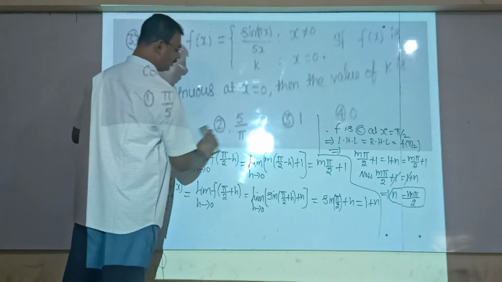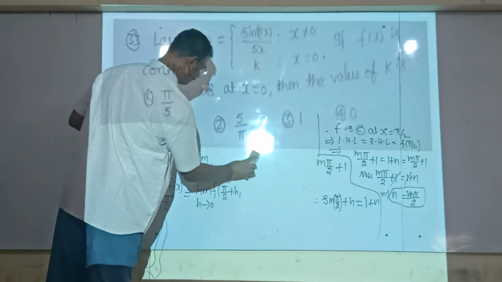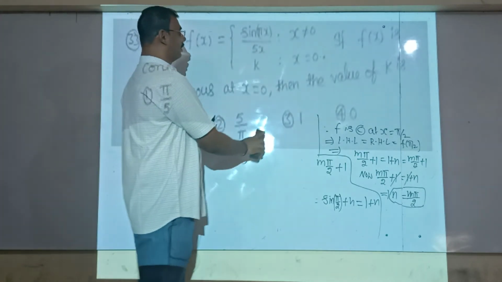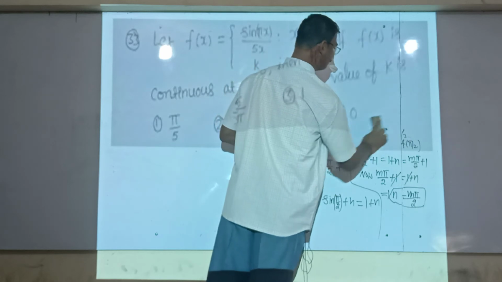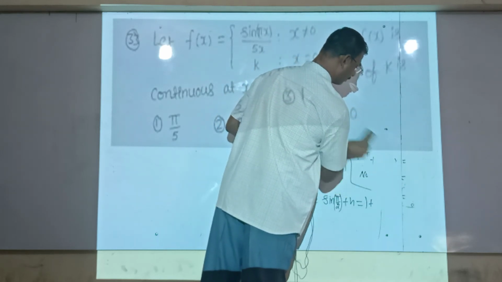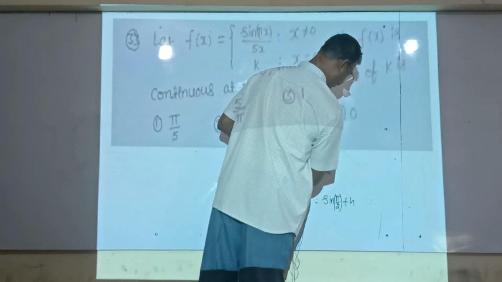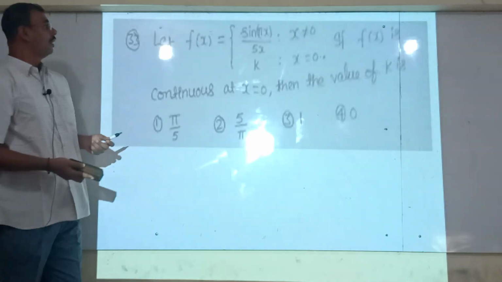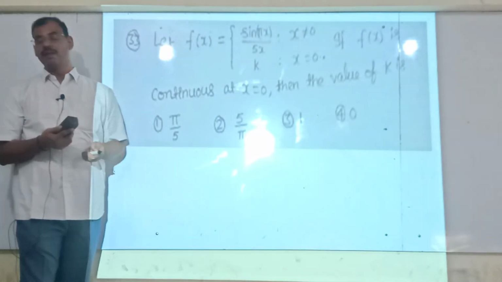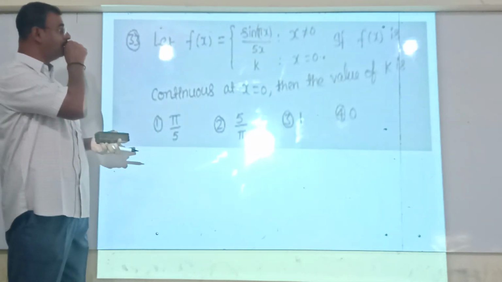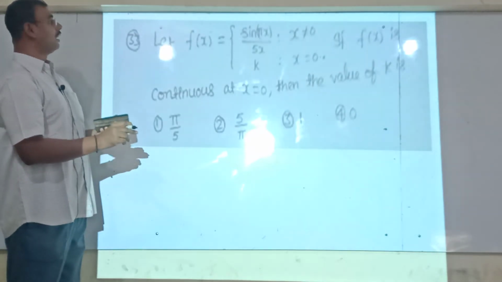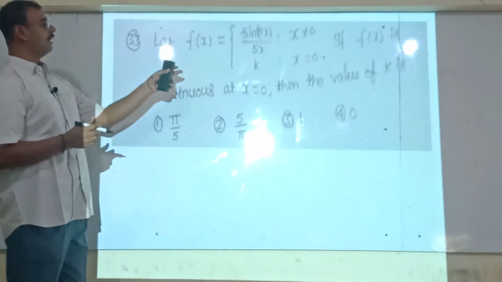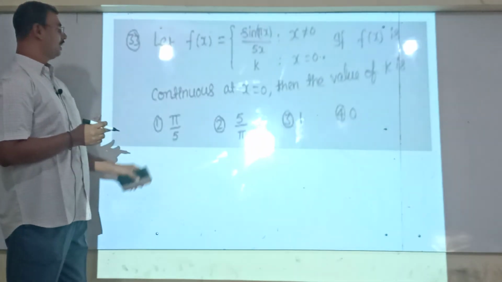f of x is equal to sin of pi x divided by 5x when x is not equal to 0, and k when x is equal to 0.